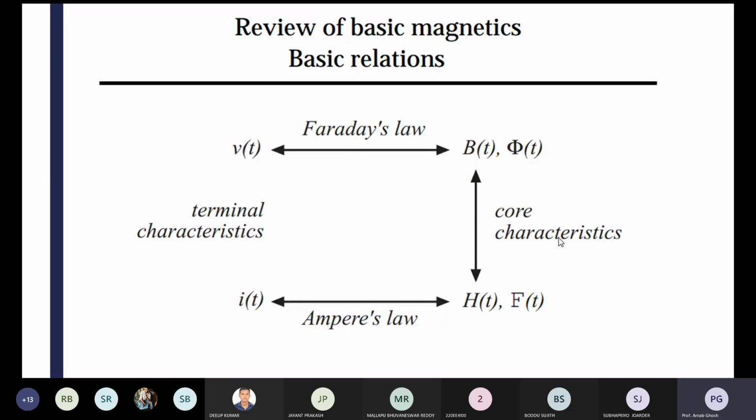They also decide the values of B, H, phi, and the external magnetic force F. This is your terminal, electrical characteristics: VT is the electrical voltage and I is the electrical current. These portions are the electrical characteristics and the right side portions are the magnetic characteristics.